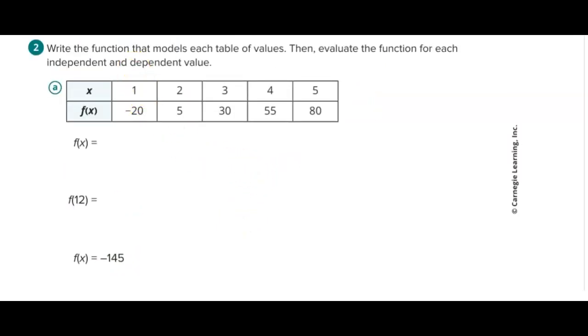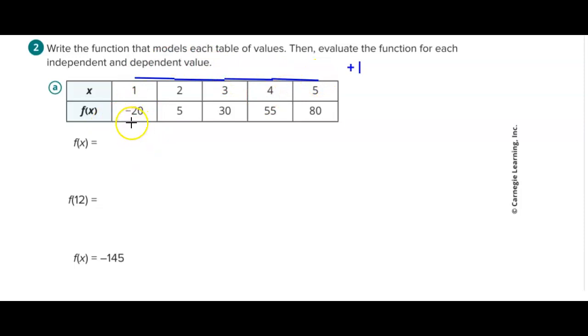So the first thing I notice is that our x's are going up by 1. So from here to here, and then from here to here, and from here to here, and from here to here. Each time we're adding 1 in our x row.